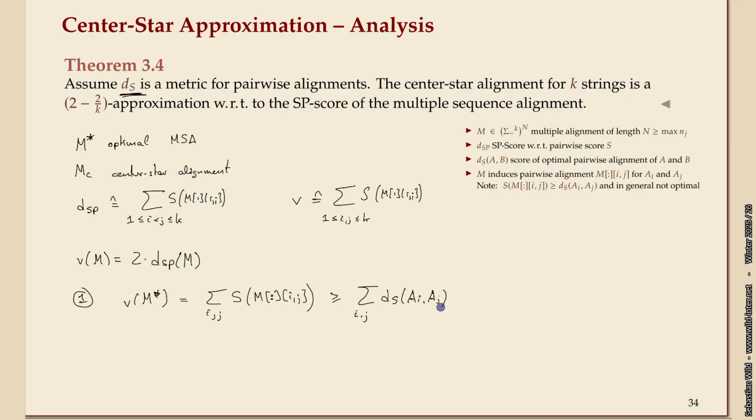That's going to be a lower bound for opt. Right? Okay, this is 2 times opt.